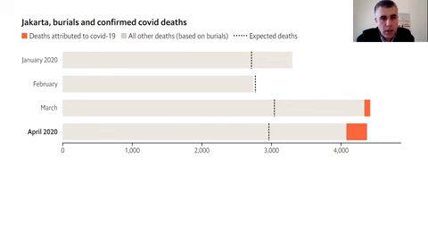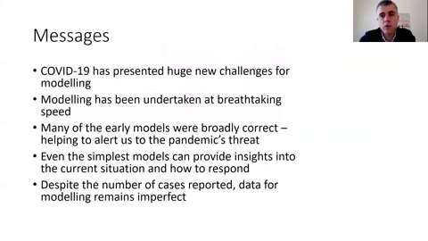In this example in Jakarta, you can see that in March and April of this year, there were considerably more deaths overall, or considerably more burials occurring, even though a very small portion of that additional number was attributed to COVID-19. So we think that there was probably quite substantial transmission going on under the surface that wasn't recognised.